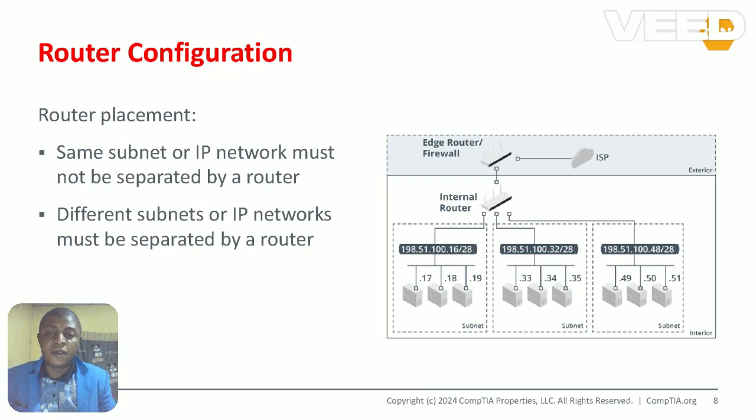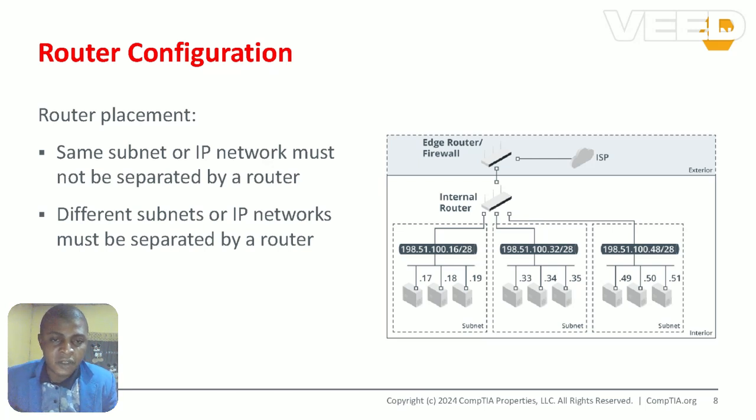So we have router configurations. When I'm talking about router configuration, I did this in my previous slide, and this is another opportunity for you to understand what router configuration is all about. Different subnets or IP networks must be separated by a router.